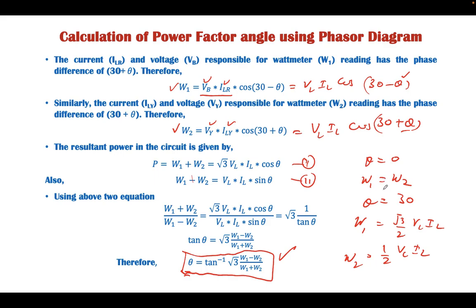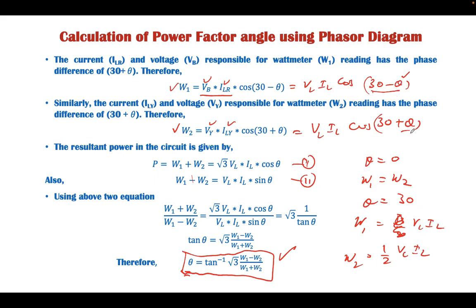In case theta is equal to 30 degrees, this value will be cos of 0, which is 1, and hence the reading of one wattmeter is VL IL, and the other wattmeter reads half of that.